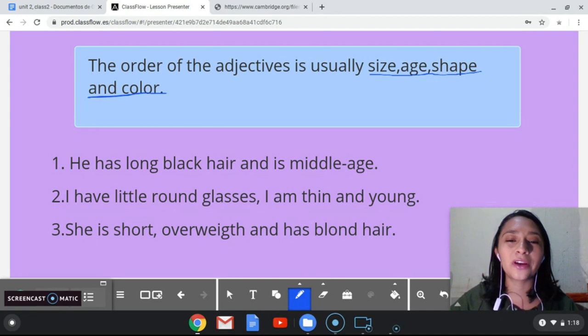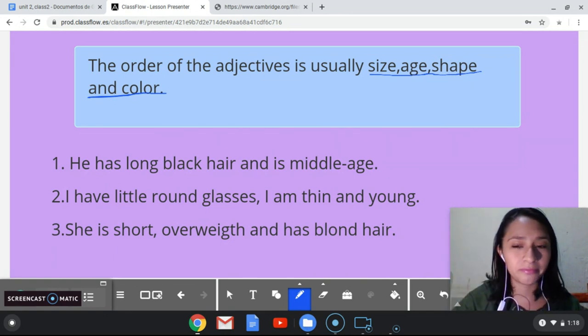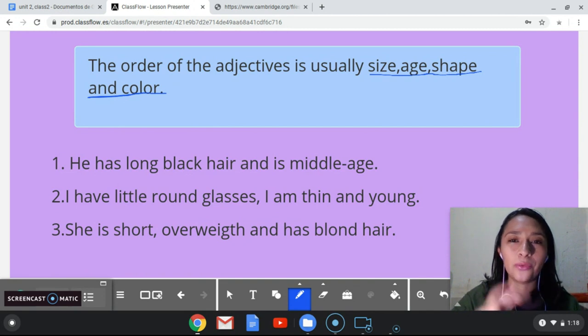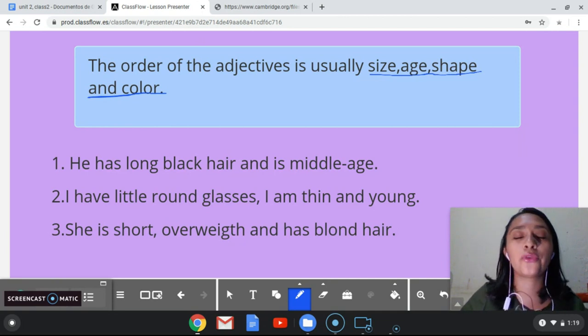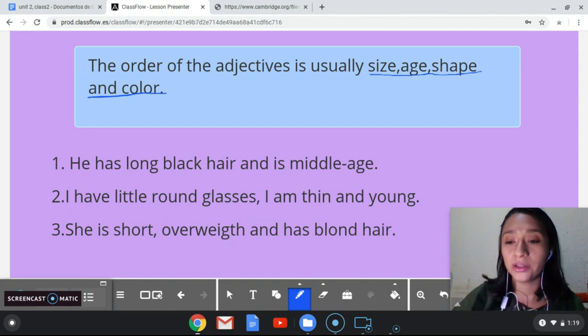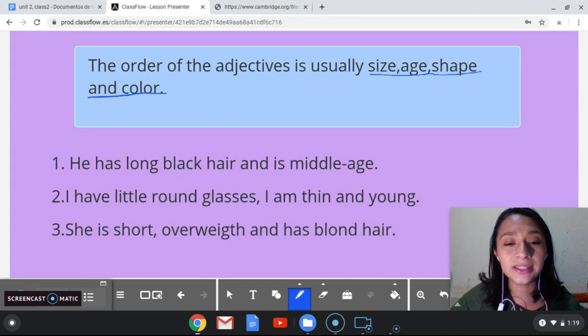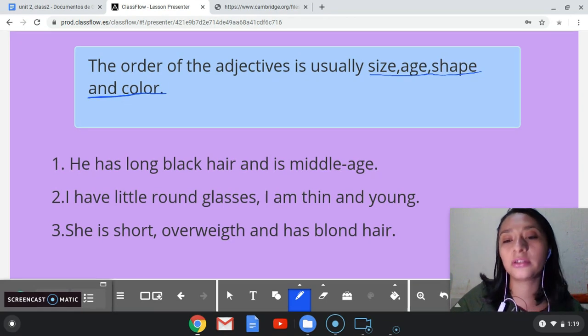Okay, so the correct sentence is he is middle aged and has long black hair. Okay, so if you have it like that, check. Very good. So we will go with number 2. If I'm going too fast, don't forget you can pause the video and play it whenever you feel ready to check the answer, okay? So we will go with number 2. I have little round glasses. I am thin and young.